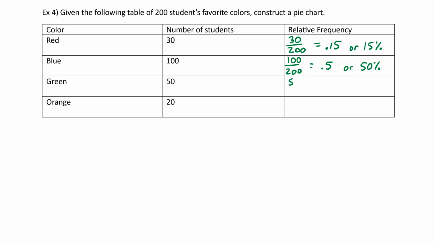Next one, green, so 50 over 200, which would be 0.25 or 25%. Then orange, which is 20 over 200, which is 0.1 or 10%.